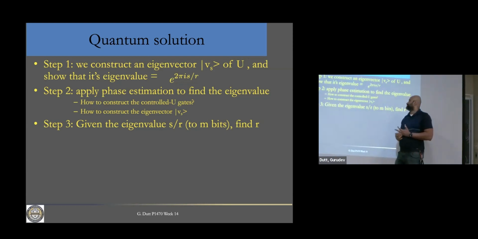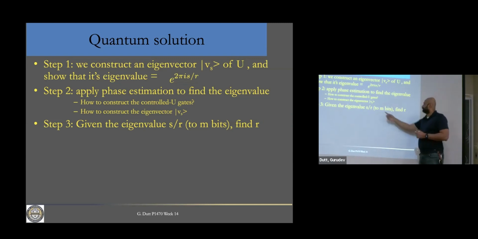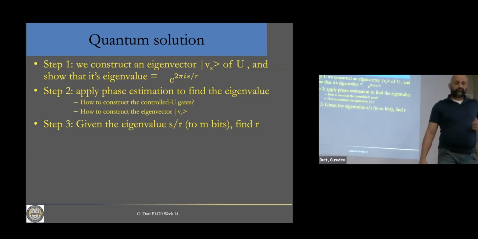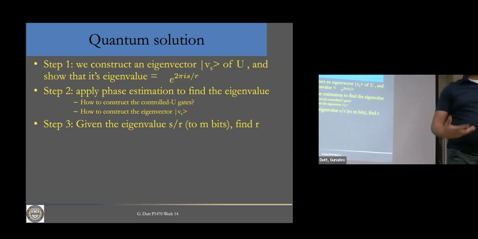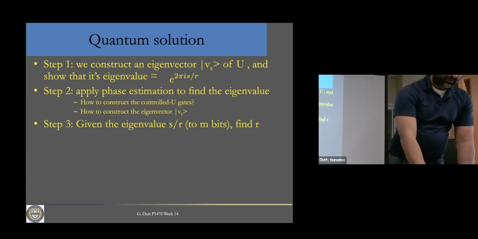So how do I calculate r itself from an m-bit estimate of s over r? Given the eigenvalue s over r to m bits, you have to find r itself. And s will change each time we make the measurement, as we'll see.